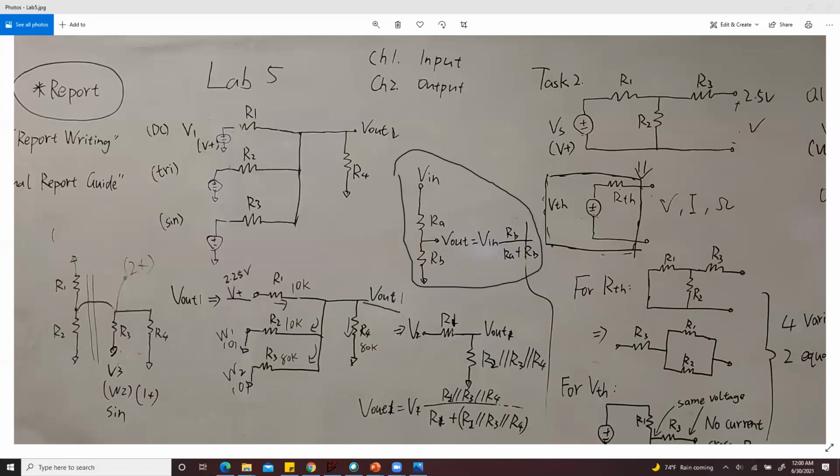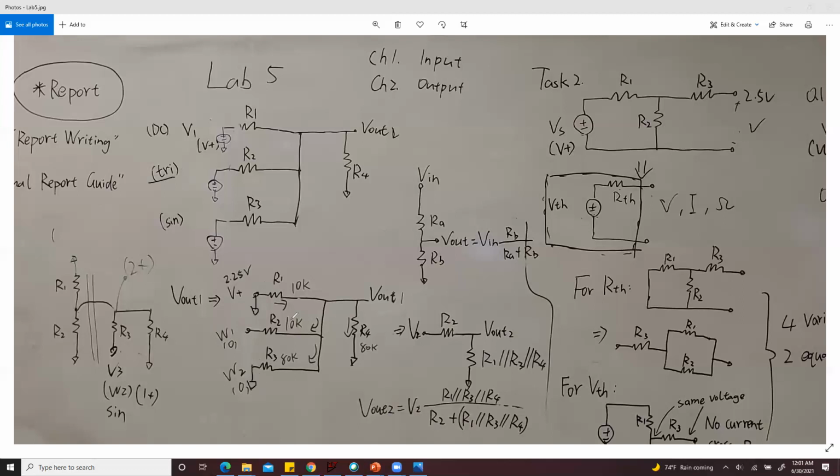For Vout2, V2 will be your only input. You can use W1 as your V2. W1 will be a triangle wave. Then you need to short V1 and V3 to ground.